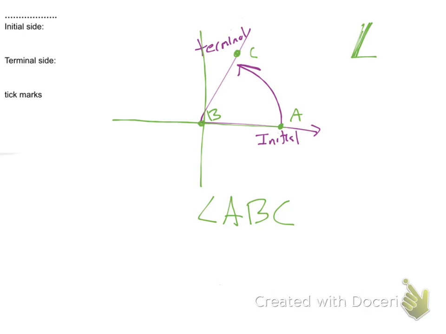And the last one is tick marks. Tick marks are very important because if I had two triangles that I wanted to say are the same, they're congruent. If two things are congruent, that means their corresponding sides are also congruent. Their corresponding angles are also congruent because everything is the same. And so I can put a tick mark. This angle and that angle are the same.